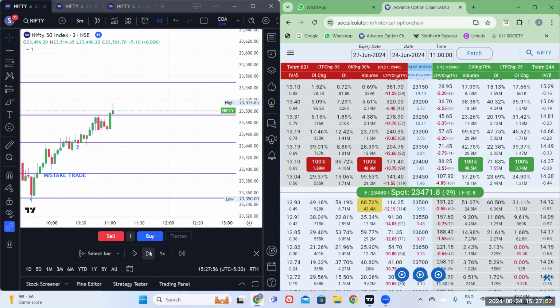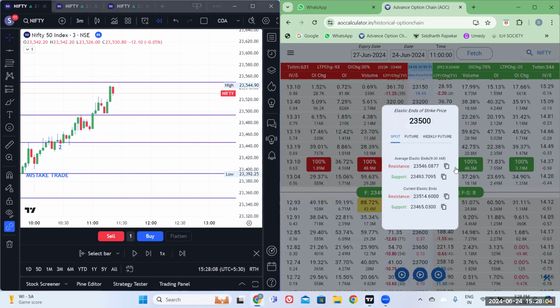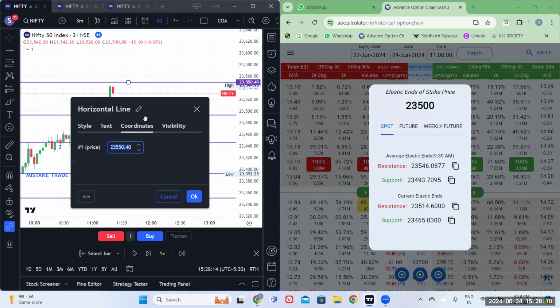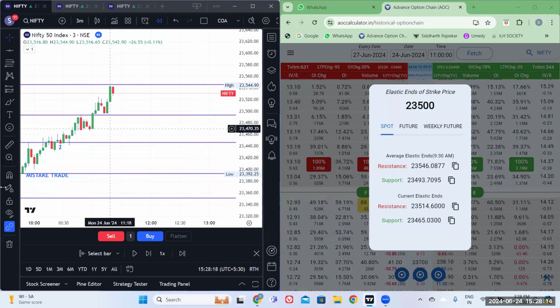I initiated a trade here, and in a matter of a few minutes it got triggered. The level line, I think I haven't copied it correctly, so I need to adjust it once. Okay, done. So the target is done. This is trade number 3.